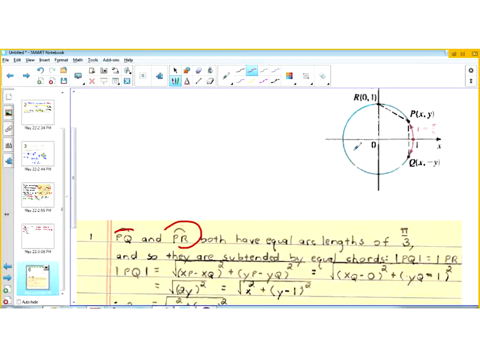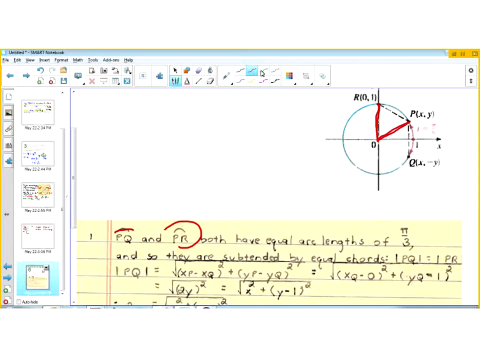So first of all, what do we mean by subtended? That's a kind of complicated topic from geometry. What we mean by subtended is, okay, point R. You have this line segment determined by OR right here, and then you have this other line segment determined by OP.